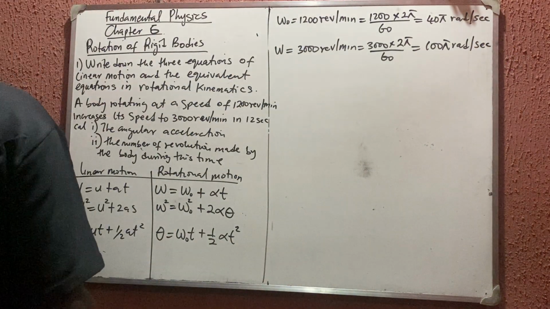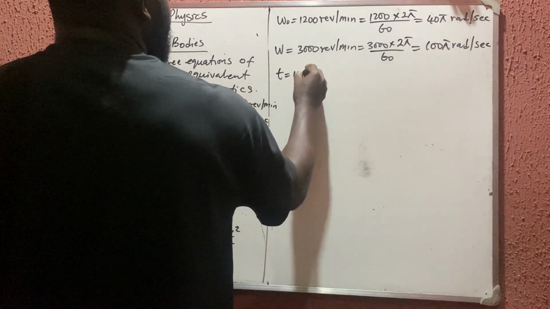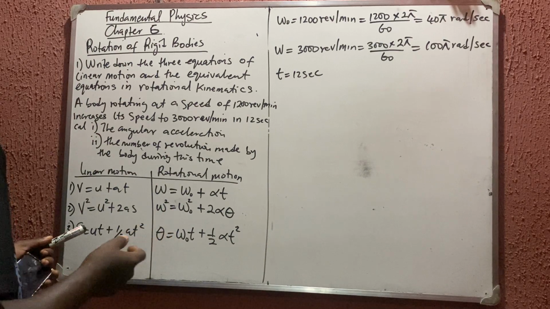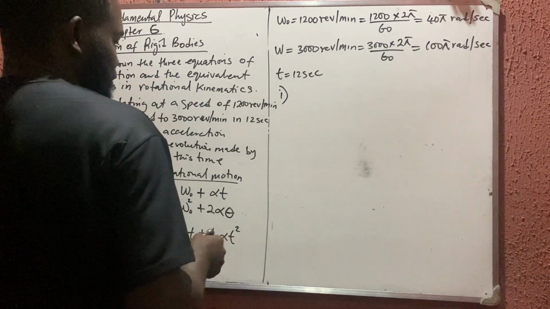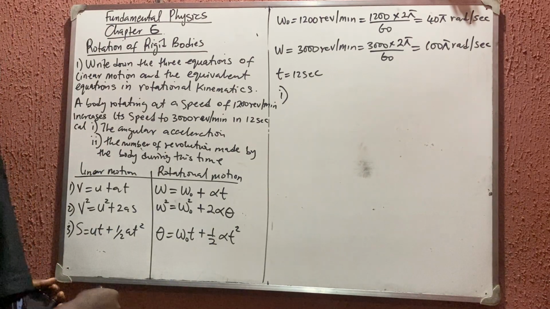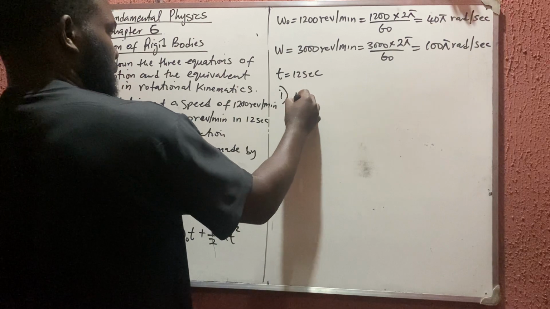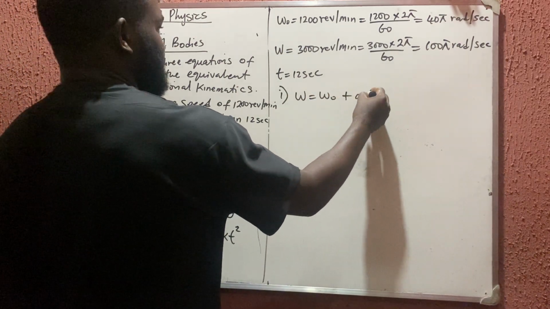Next, they gave us time, which is 12 seconds. Then we should calculate the angular acceleration. From the equations of motion, we know that omega is equal to omega naught plus alpha t.